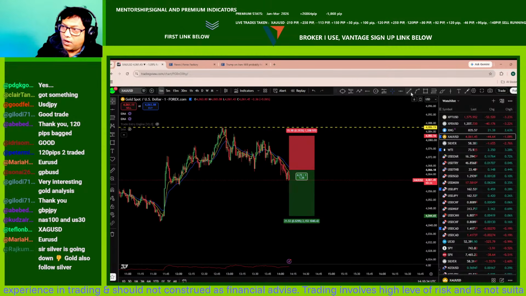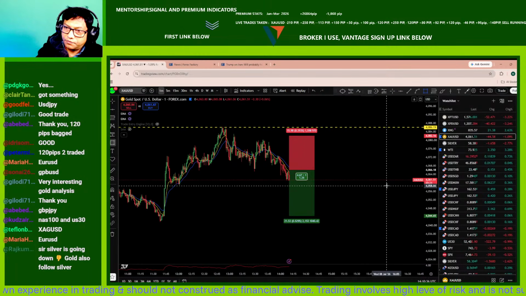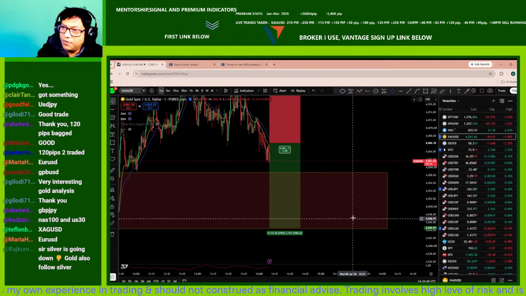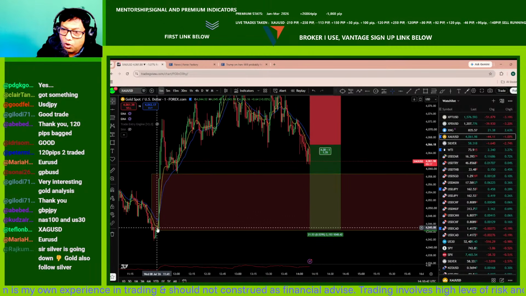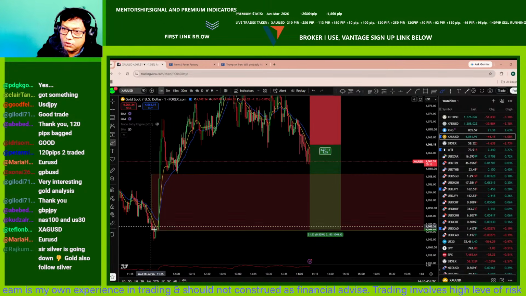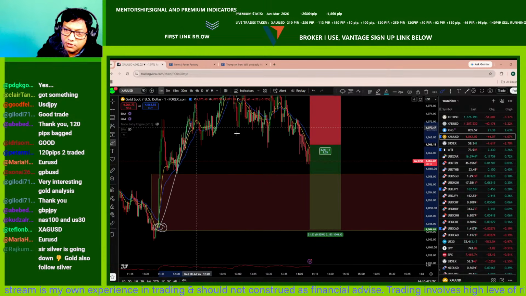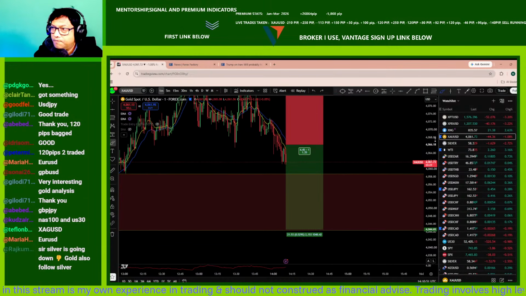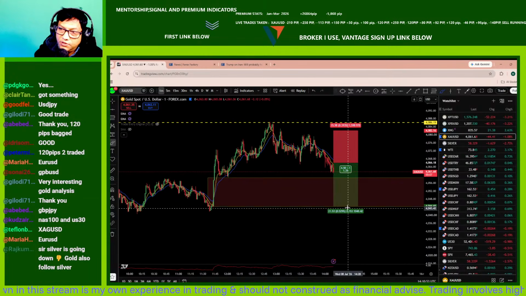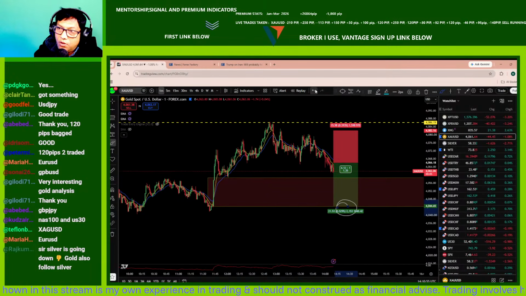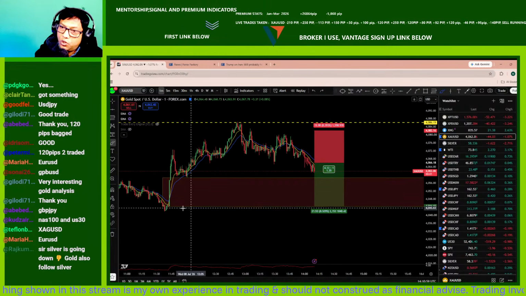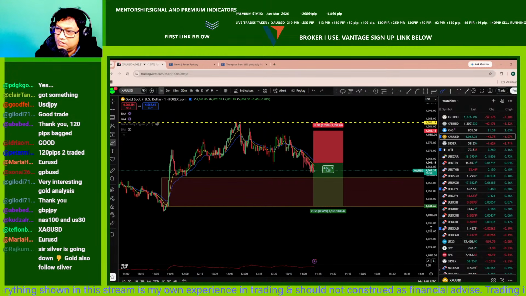So there is a fair value gap that you can see at this level, which is a large fair value gap. And with this fair value gap here there is an order block. This is an order block that you can see, with one narrow green candle, and the market has bounced off that level. Because the market is reversing, it's most likely to come back again to the order block or even pass that level.